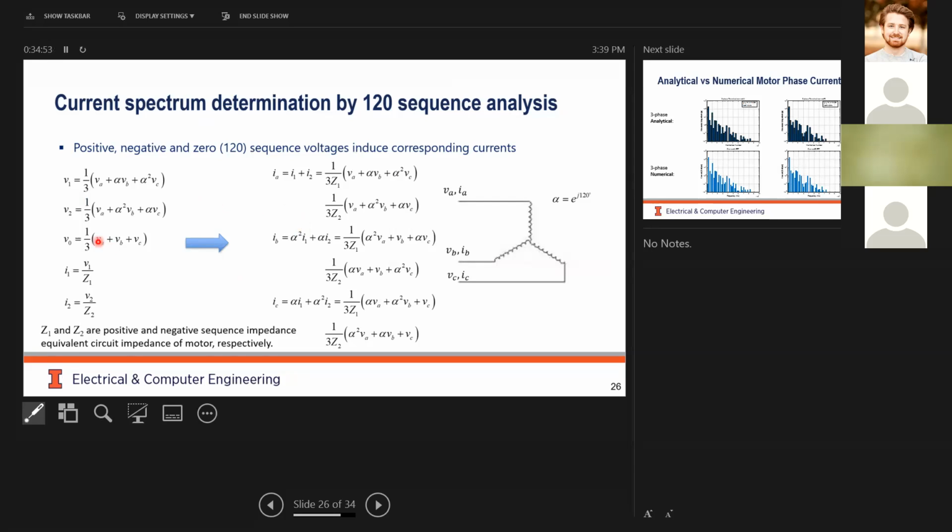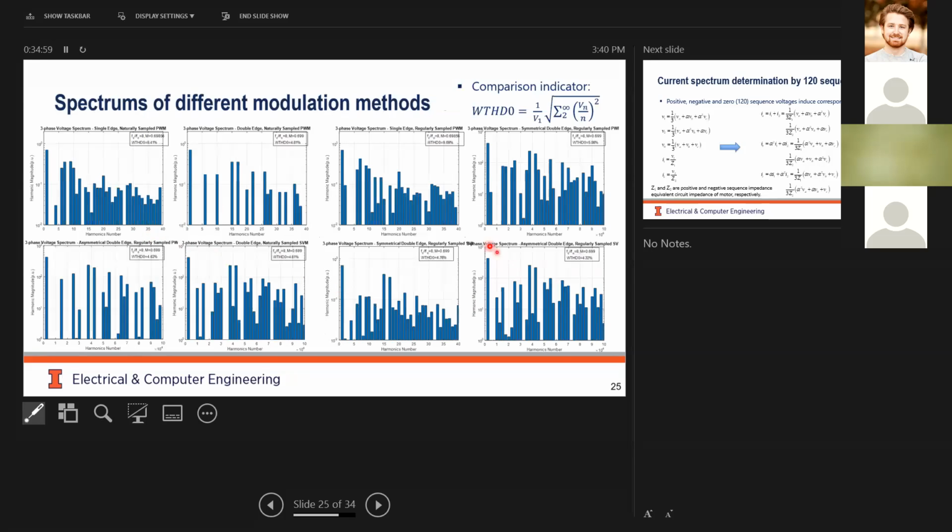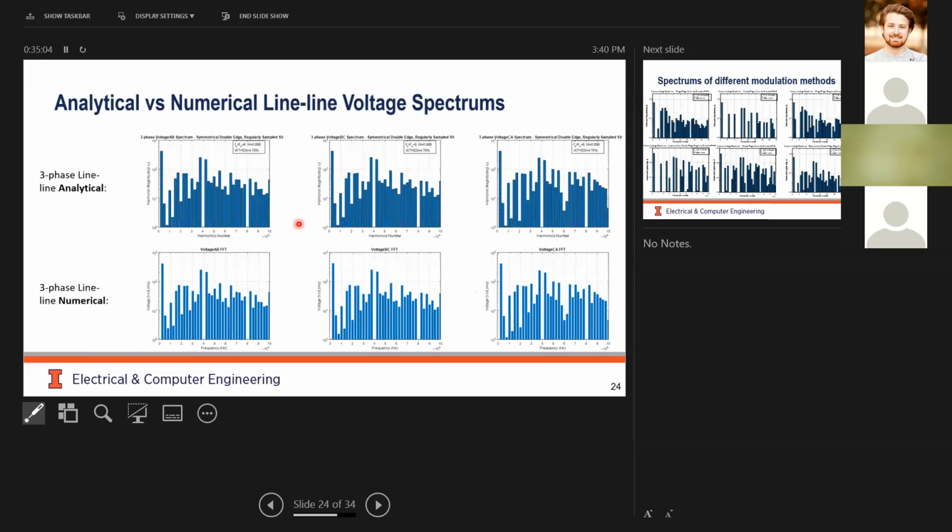Let's go to this slide. If we analyze the line to line voltages AB, BC, and CA, you would realize that it's not a balanced three-phase system.